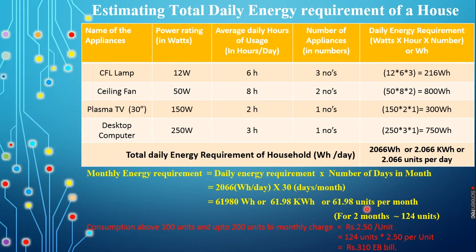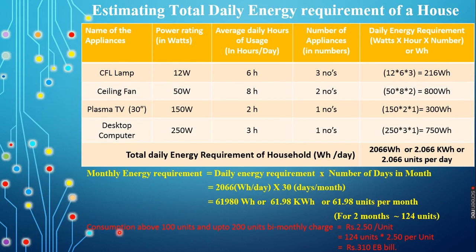For 2 months we multiply the units per month by 2. It may vary according to the usage. For one month we may use more and another month very less. This is an example part.